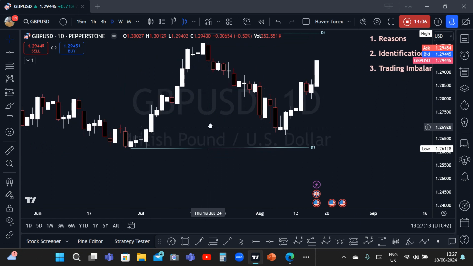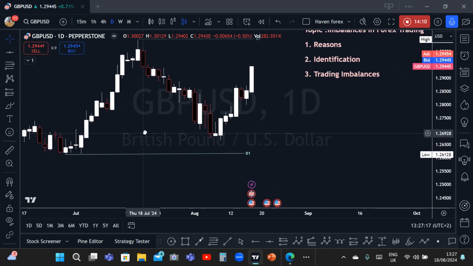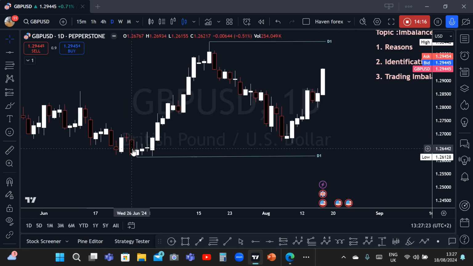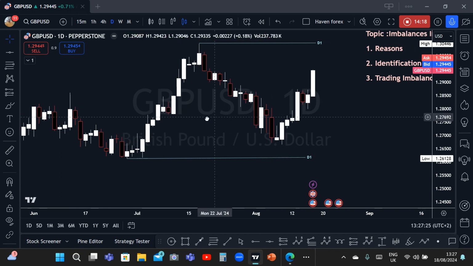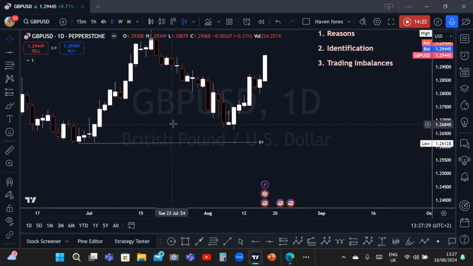And it usually provides a good risk reward ratio because you just flush it down to this place without any stress because it has already created imbalance, so it will come down straight to close the gap.